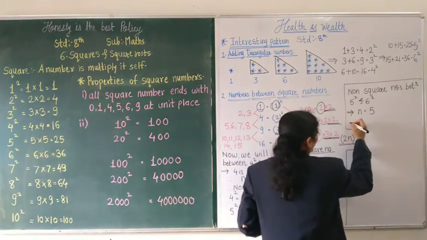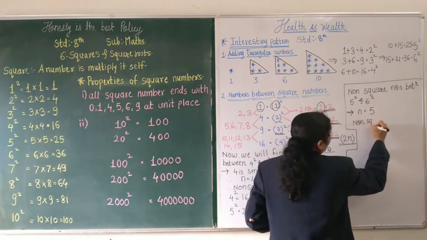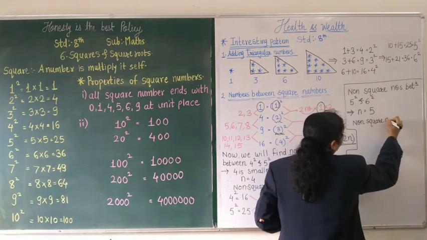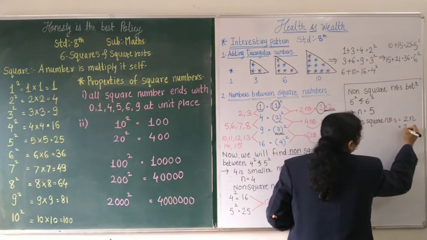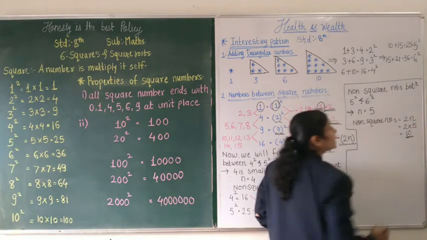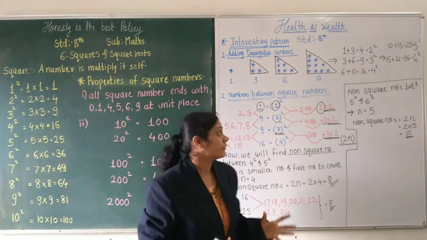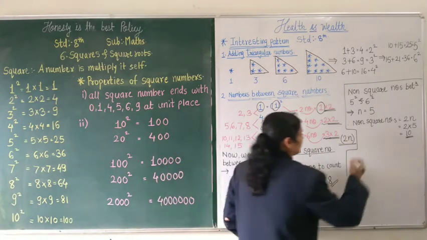That is 2n. So therefore non-square numbers is equal to 2n as a formula. So 2 into 5 is equal to 10. So how many numbers are there between 5 square and 6 square? 10. So now we will check it.